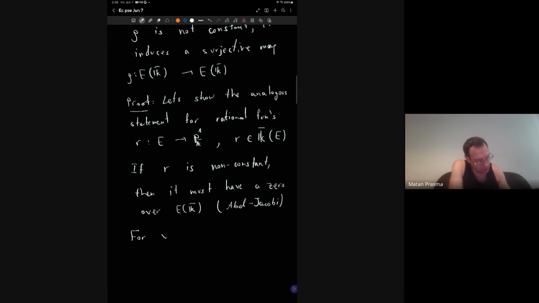For a point x0 in K bar, the same argument: the rational function R minus x0, again going from E to the projective line, must have a zero.